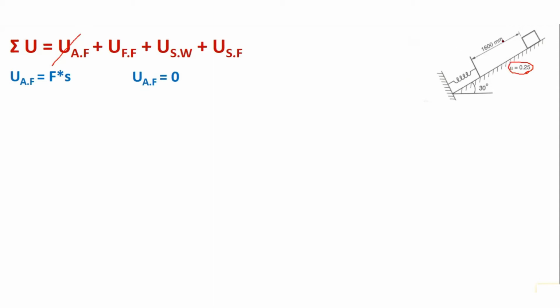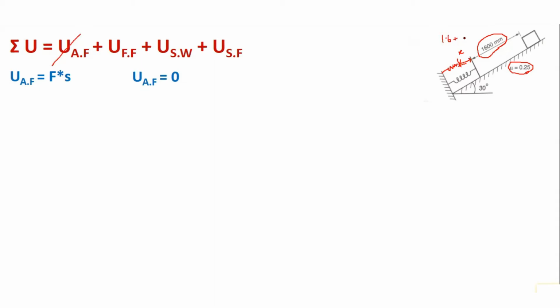S means displacement. We are given here that the block will be displacing by 1600 mm, and we have assumed that the spring will be compressed by a maximum of, let us say, x. So when the spring is compressed by x, the total distance traveled by the block will be 1600 plus x, or in meters, 1.6 plus x.